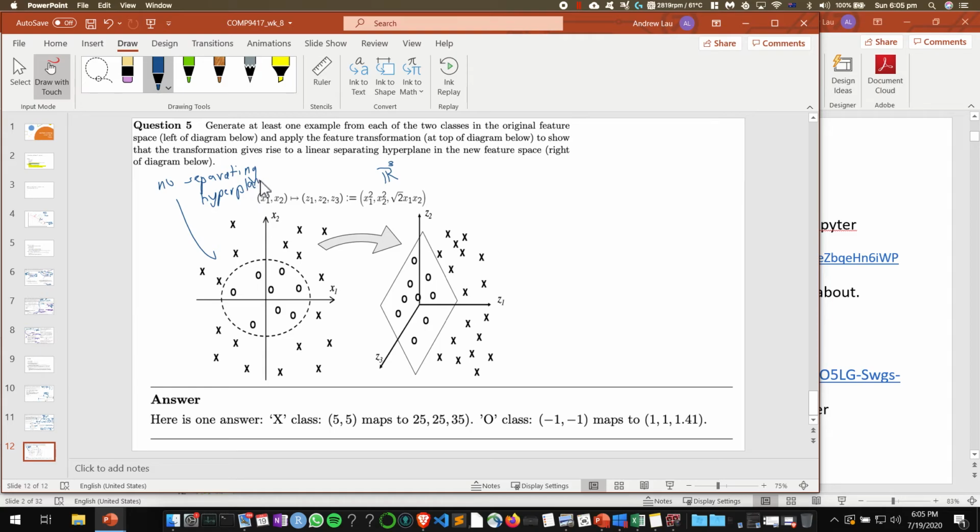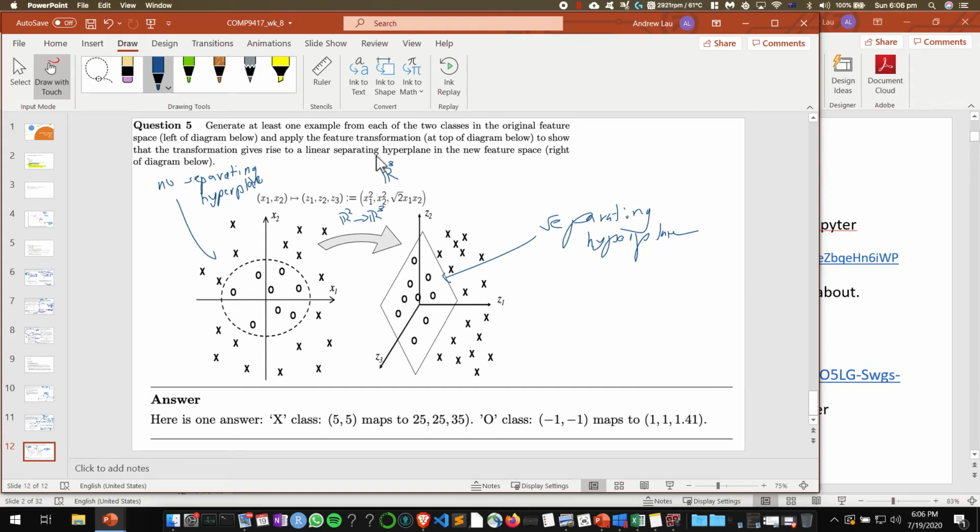But actually, if we map to R3 using this nice little mapping here, there's actually a separating hyperplane. That's really nice. Hopefully you can kind of see why it's a separating hyperplane.